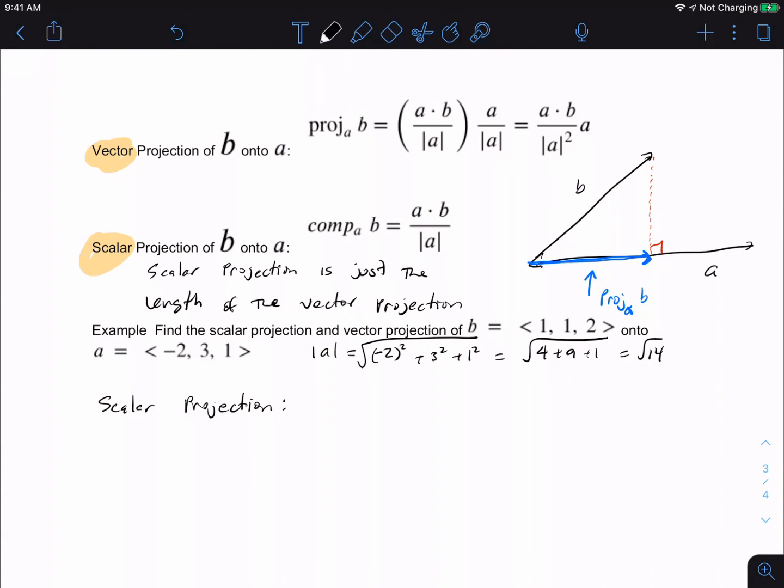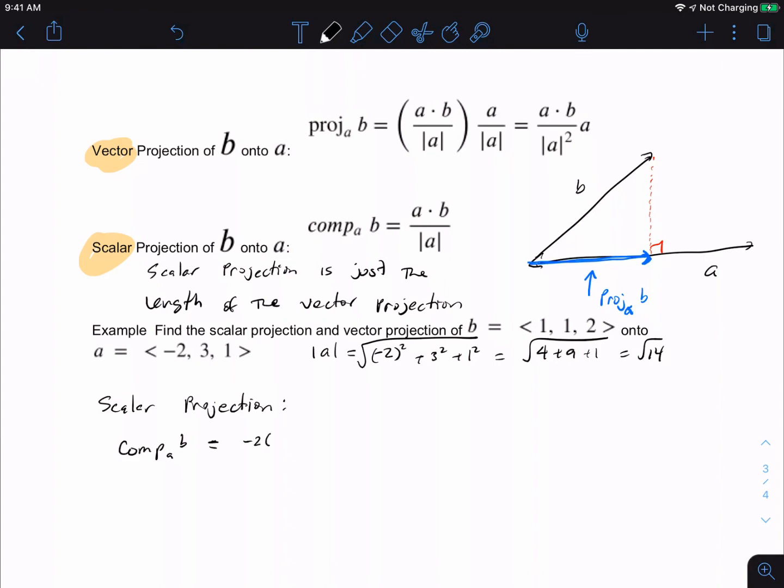And so when I do this here, it's going to be the scalar projection of B onto A. It's the dot product, right, of A and B. So the dot product of A and B is simply going to be the multiplication of the two vectors.